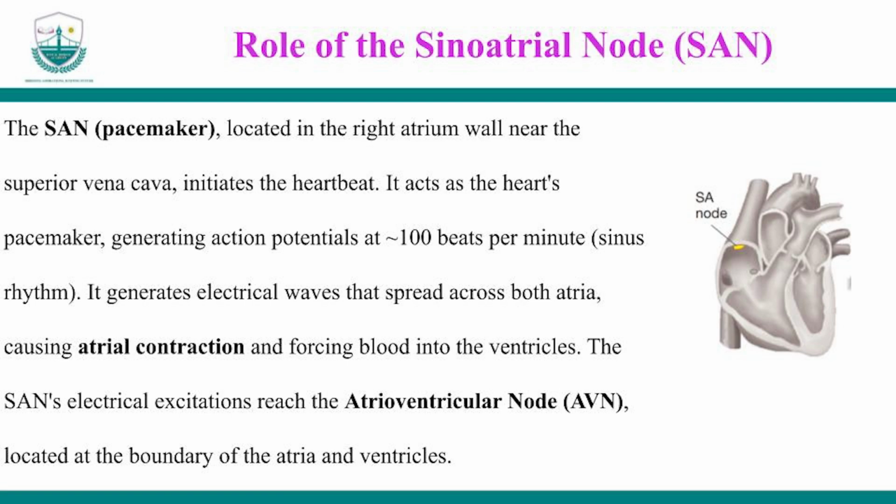The other name is the pacemaker. We can call it the pacemaker. Okay, so it generates the electrical contractions, so electrical impulses or electrical potential. That's where the electrical impulses start.